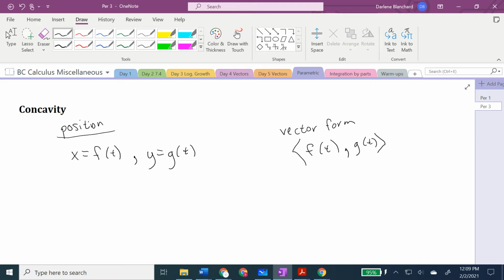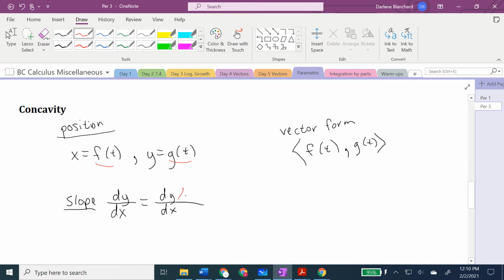Now, slope. We just looked at slope when we did equation of a tangent line. Slope is always the change in y over the change in x, but you have the lucky issue of you have a function for x with respect to time and a separate function for y with respect to time.